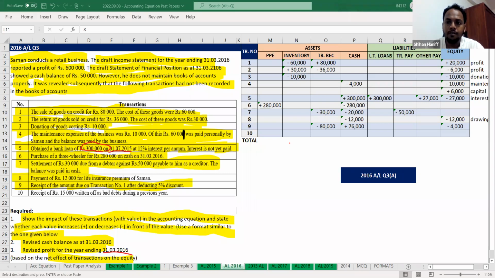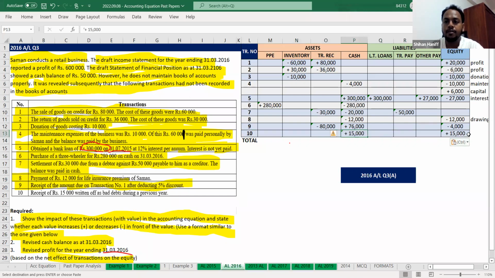So last one is receipt of 15,000 written off as bad debts in the previous year. So previous year bad debt we are receiving. Then it's very simple.